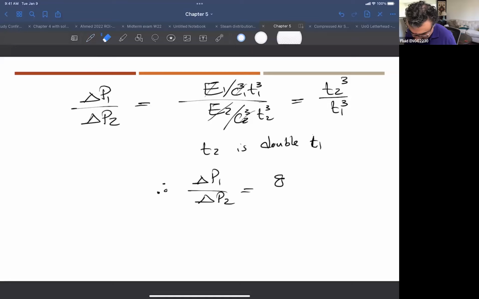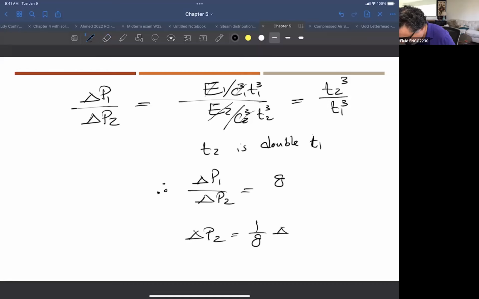So in this case, I can find out delta B2 is 1 over 8 of delta B1. So for the first second the pressure is that much, and for the second, or double of this time, the pressure is reduced by 1/8.